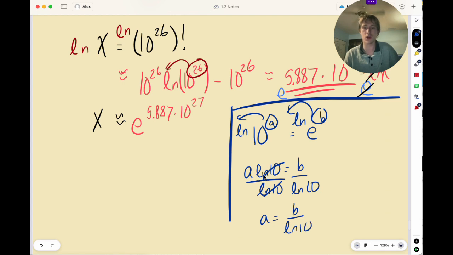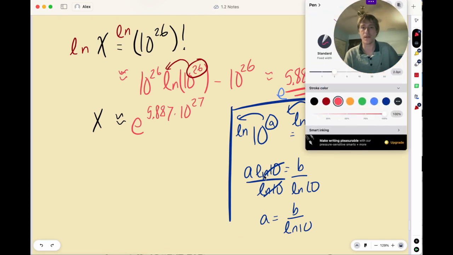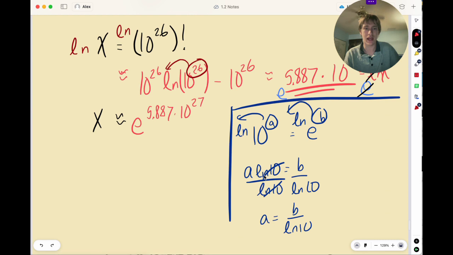Okay, so all I have to do is divide this quantity by the ln of 10, and I get exactly what I want. So I went ahead and did that, and I get that that's approximately equal to 10 raised to the power of about 2.56 times 10 to the 27th.